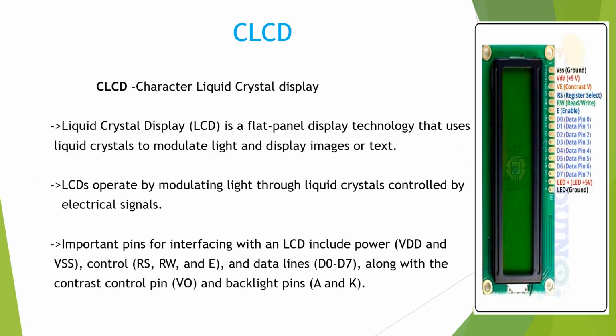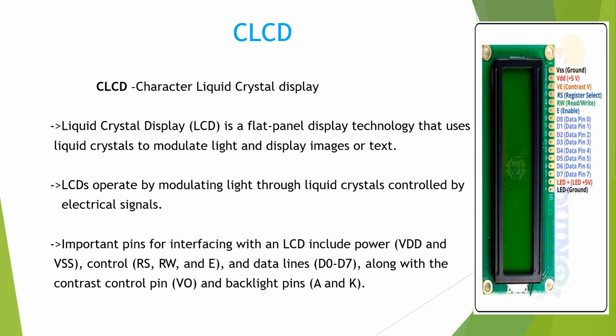And coming into the next one, that is CLCD, character liquid crystal display. It can be used to display images or characters and some extra characters in the LCD display. It operates with liquid crystals controlled by electric signals. The main pins in this LCD are VDD and VSS for power supply and the ground.